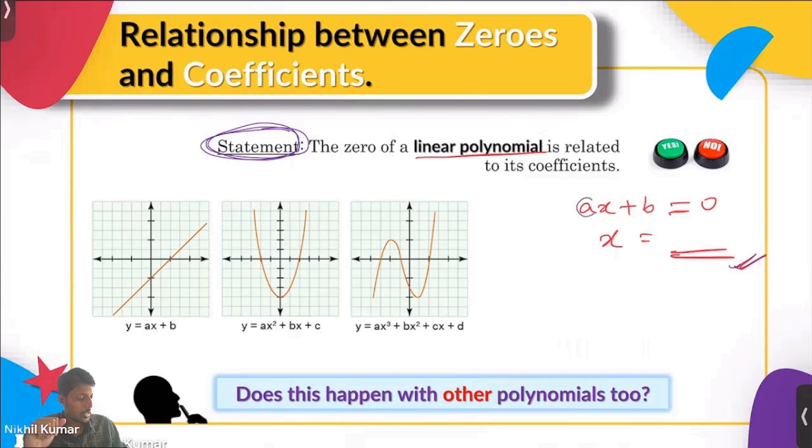These are the coefficients. a and b are the coefficients. If you find the zero of this polynomial, you'll find x is equal to minus b upon a. This is what you'll get. This is your zero of the polynomial, right?